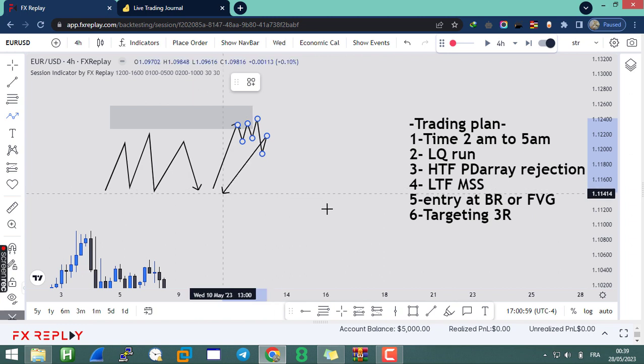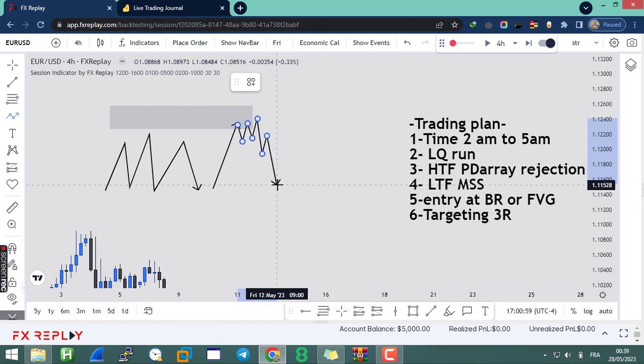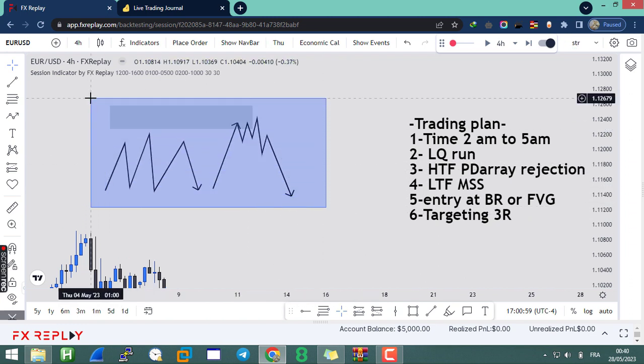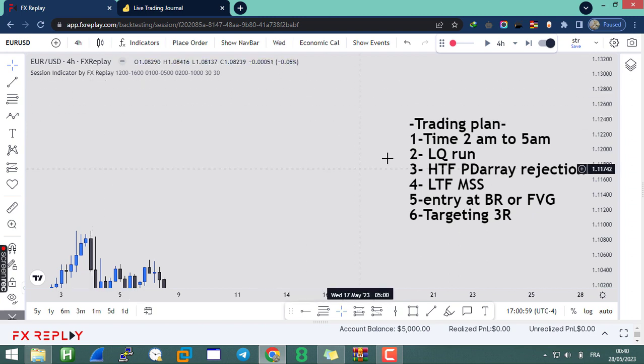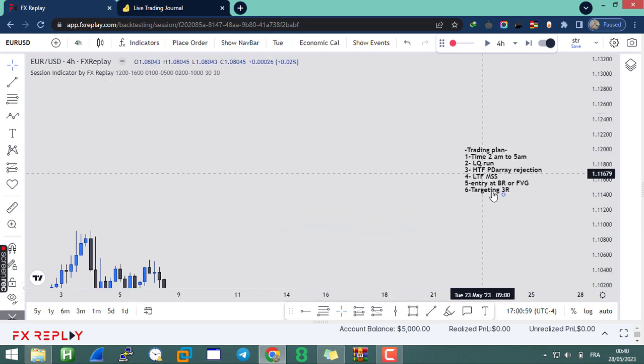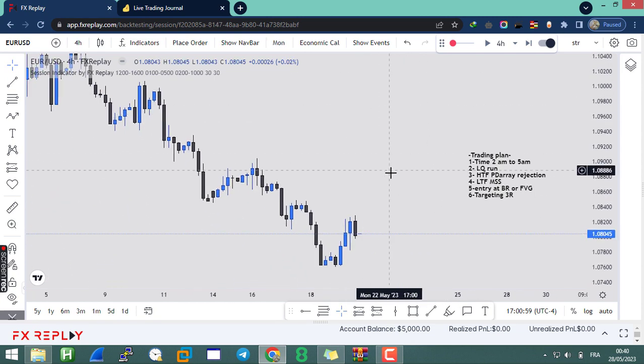I believe 3R is an optimal target. It's very achievable. So this is my model. It's easy. Let's just move this, and I'm gonna leave this here for you so you can see it, and let's start trading.